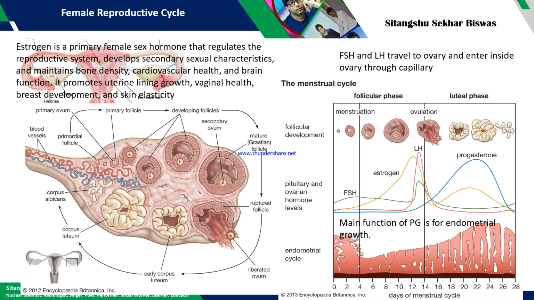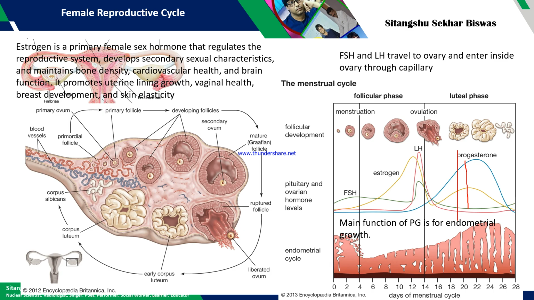So now you can see, from here it is the normal case. Till that period there is growth in the endometrial wall, and now your endometrium is ready to implant.